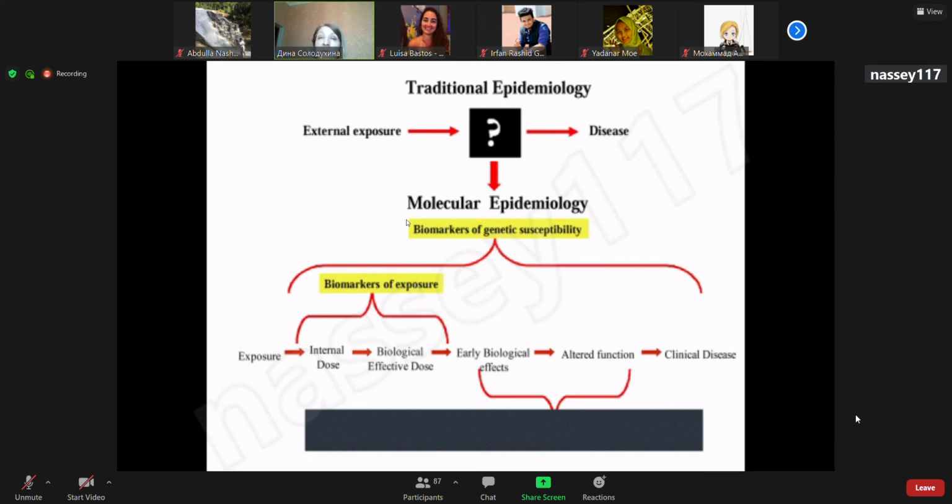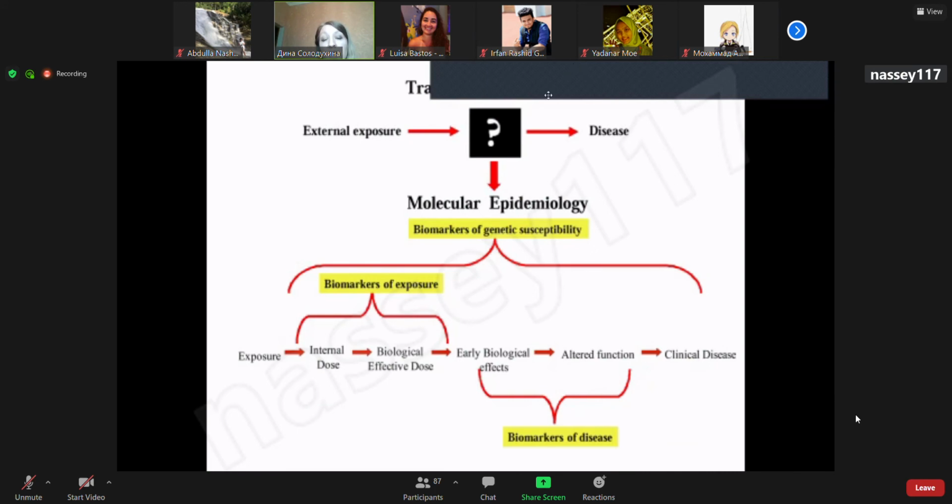It can be a biomarker of exposure. It can be some changes that are identified very early, at an early stage of disease. So then we have biomarkers of disease, for example, early biological effects or altered function, which we don't see in a clinical situation. We can identify them by biomarkers.